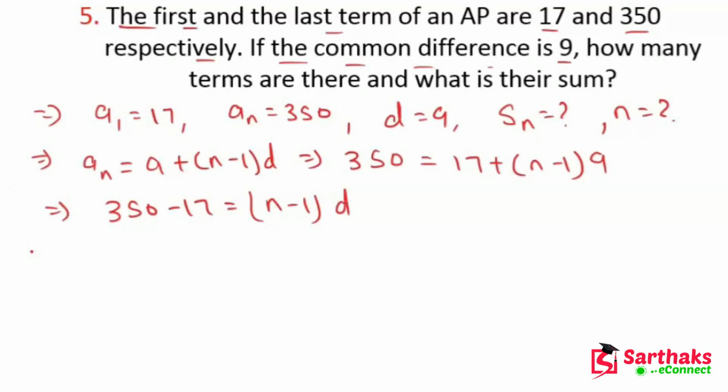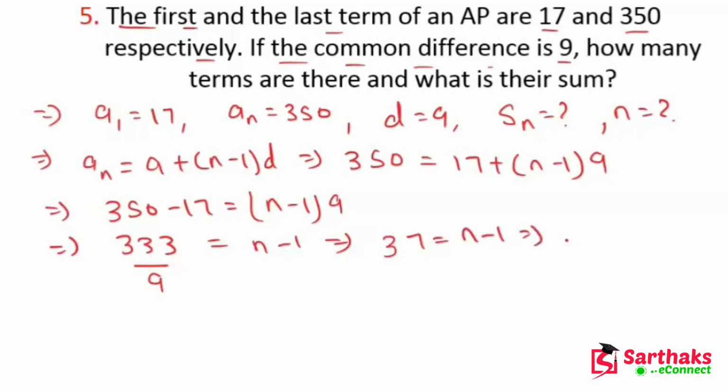Okay, so now if we subtract, we get 333, which is equal to, in place of d, the value is 9. Dividing by 9, we get 37, which is equal to n minus 1. And so the value of n is 38.